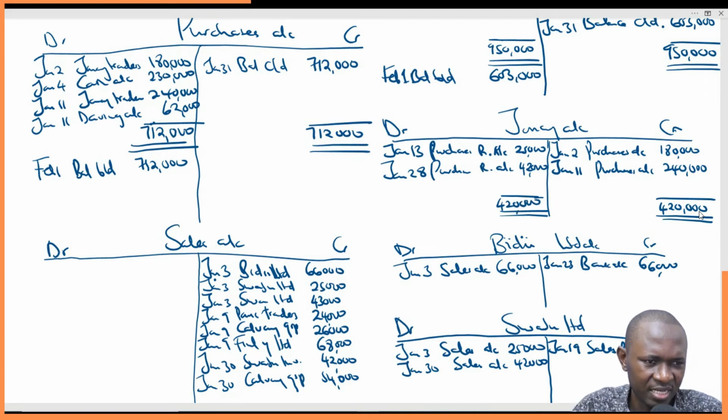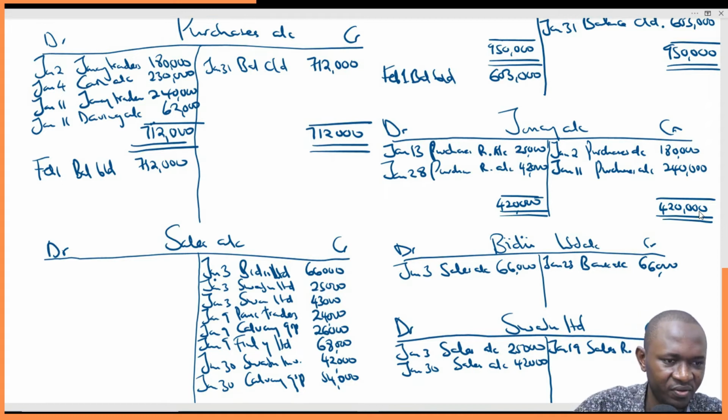And of course, this side doesn't add to that. So 42 plus 25, we get 67. So for minus 420, we have 353. So 353,000, like that, and this becomes our balance carried down on January 31st.